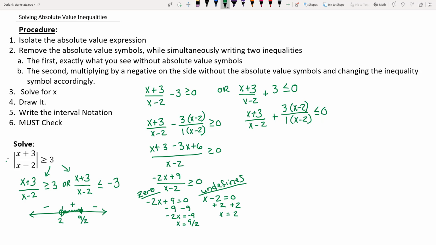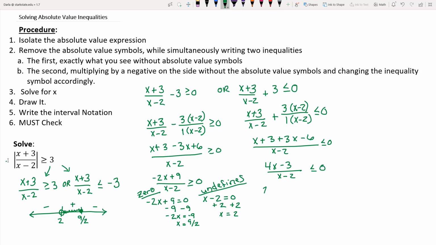So write that as one rational expression. So that's x plus 3 plus 3x minus 6 over x minus 2 is less than or equal to 0. So that's 4x minus 3 over x minus 2 is less than or equal to 0.